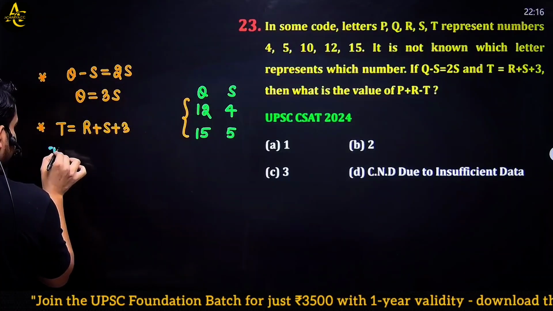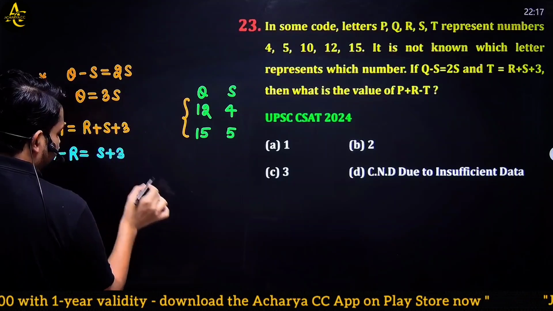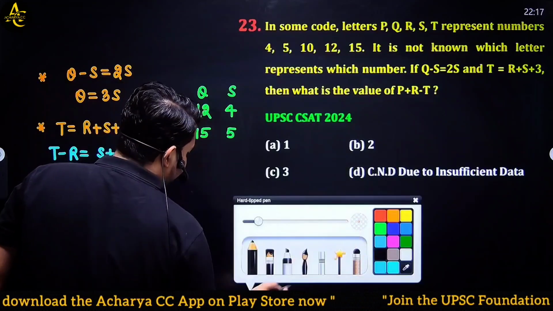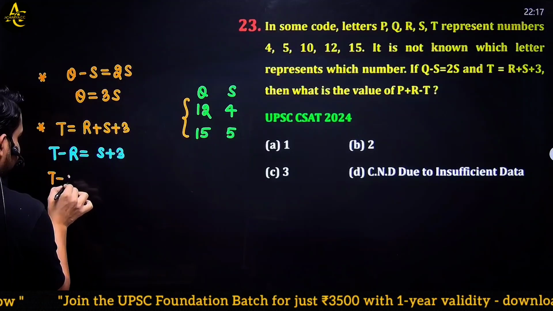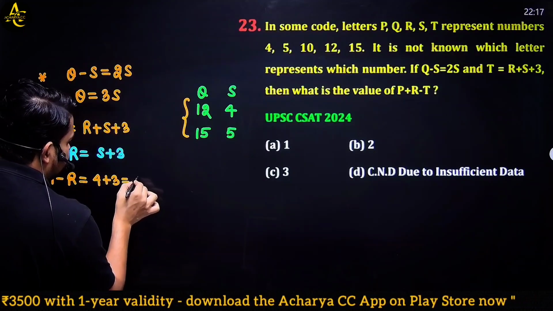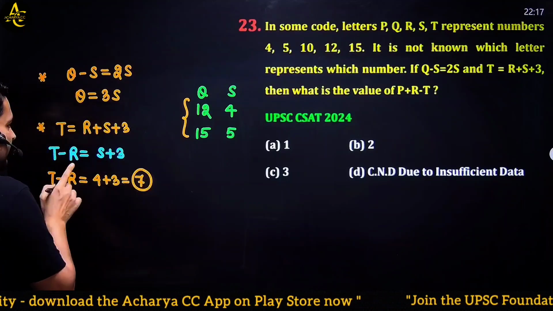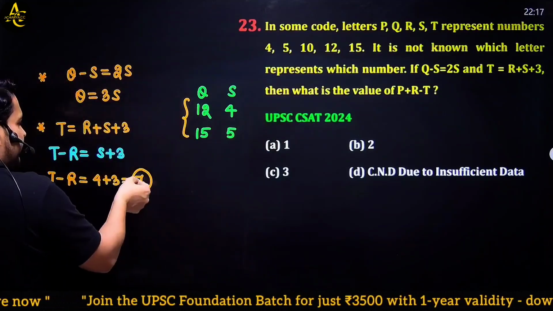T minus R is equal to S plus 3. First of all, I will put S equal to 4. Then T minus R is equal to 4 plus 3, which is 7. Since T and R are two numbers, we have to select two numbers whose difference is 7.